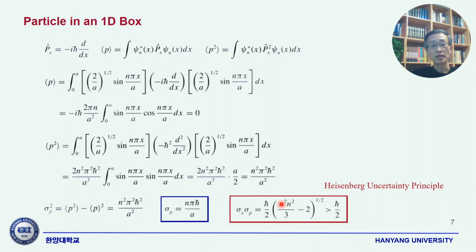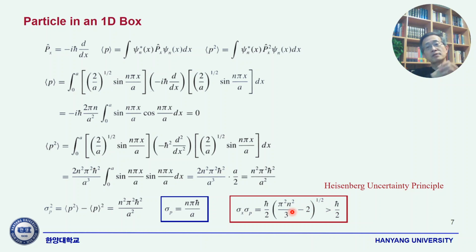And pi is 3.14, something like that, so 3.14 squared is greater than 9, 3 squared. So 9, well, that's the smallest estimate. 9 divided by 3 is 3. 3 minus 2 is equal to 1. That's the smallest estimate. So the square root of 1 is 1, and then the smallest estimate is h bar over 2.